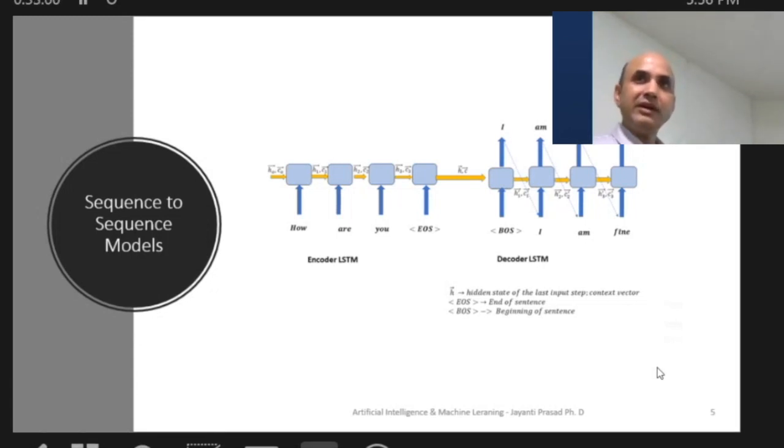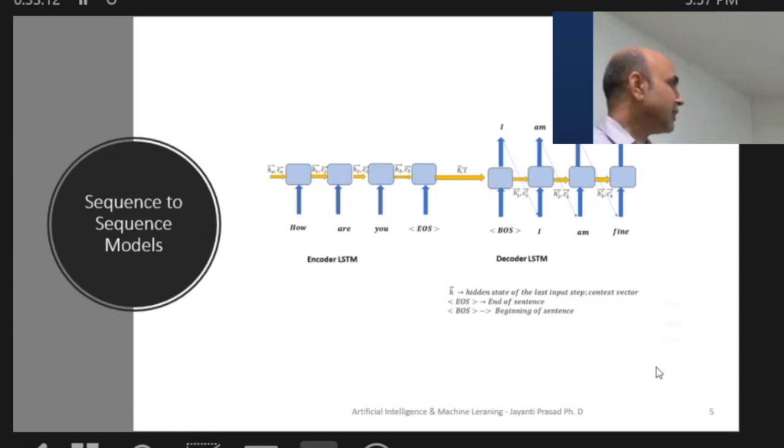Now we are ready with the context vector. Now we have to produce the translation in French. So we start with the starting token, whatever it is, and it predicts some word. In this case, we use that context vector, because the decoder is also made of LSTM units and it has these memory states.